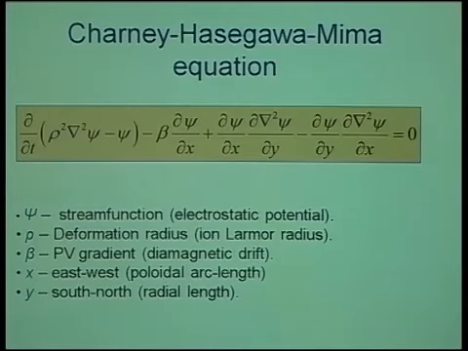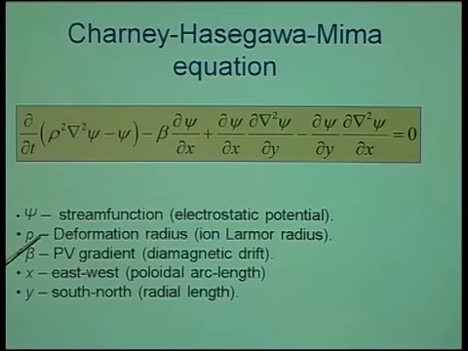Just very briefly to refresh: psi in the geophysical context would be the stream function, which is the electrostatic potential in plasmas, which is also a stream function because E cross B is the dominant velocity.